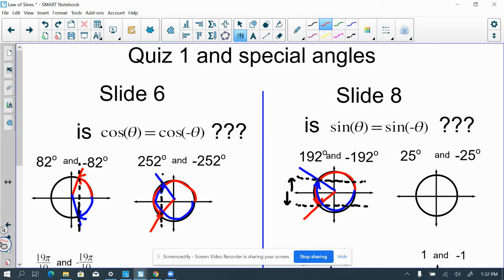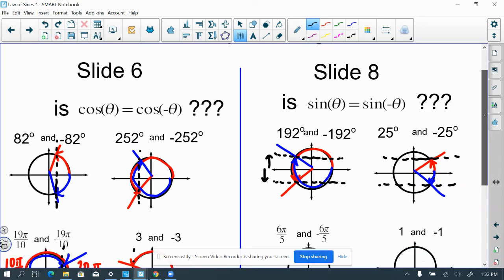Let's see if it works for all angles. 25 degrees is not too far, but negative 25 degrees is also not too far, but in the opposite direction. They have the same cosine, they have the same x value, but we're talking about sine. This sine value is some positive number, this sine value is some negative, but I went up as far as I went down.